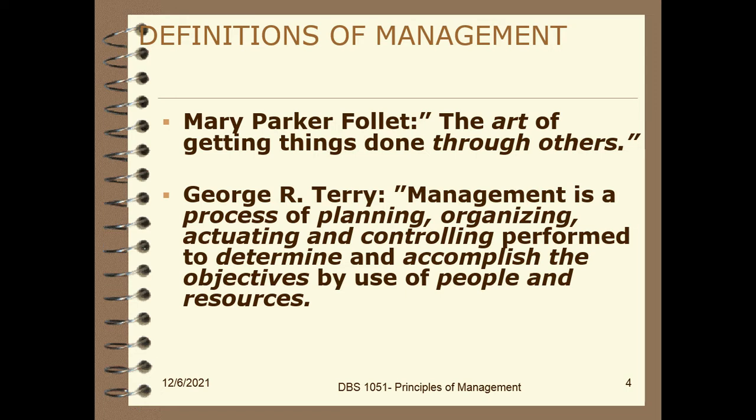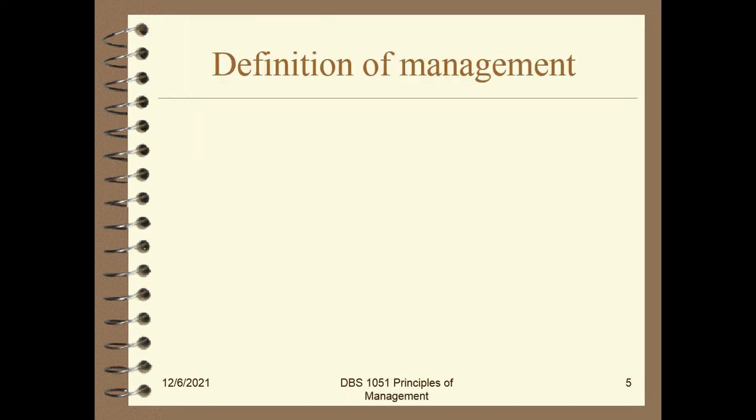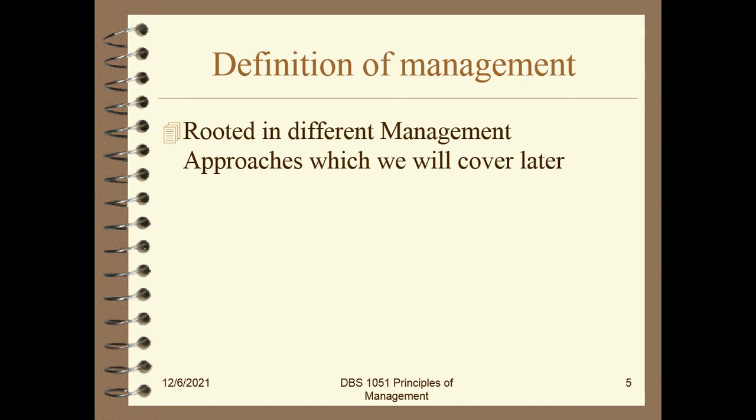In the many definitions of management, we find that most can be grouped according to the different approaches of management. We are going to cover these approaches extensively in a later lesson. But generally, in the classical approach, the definitions of management are oriented towards production and efficiency.